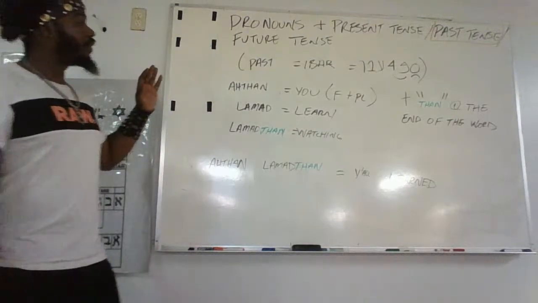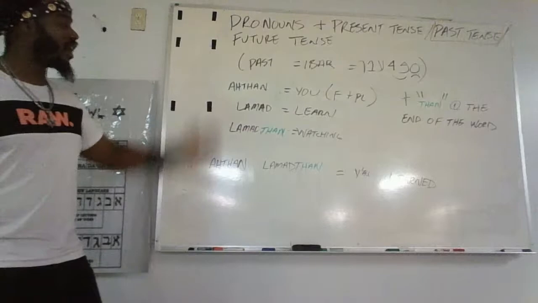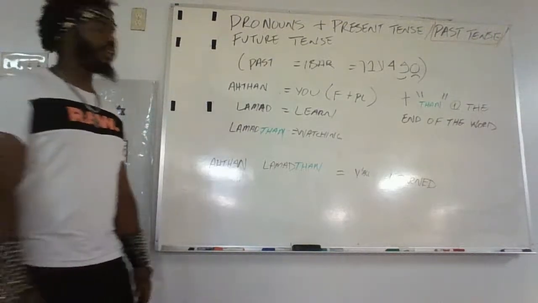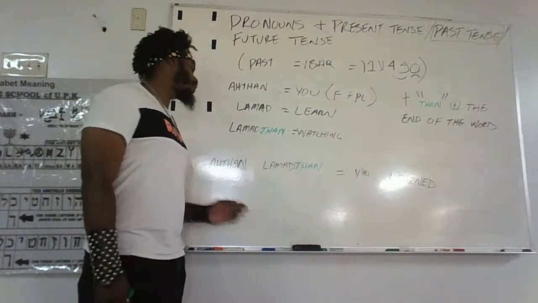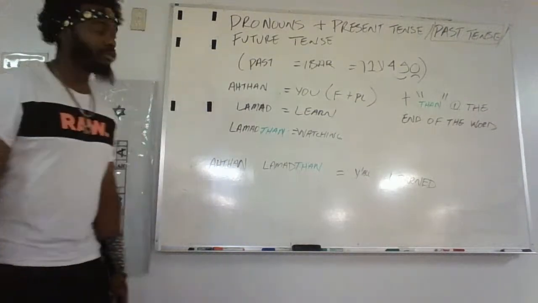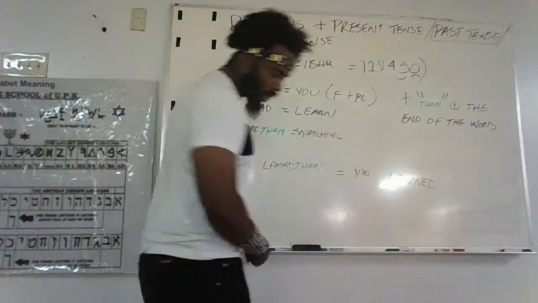When you're dealing with the female plural, atthen, you're going to do the same thing. You're going to put thun at the end of the word: lamadthun. So it'd be atthen, lamadthun, which is y'all learn.